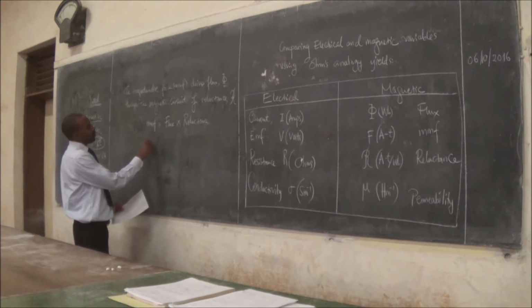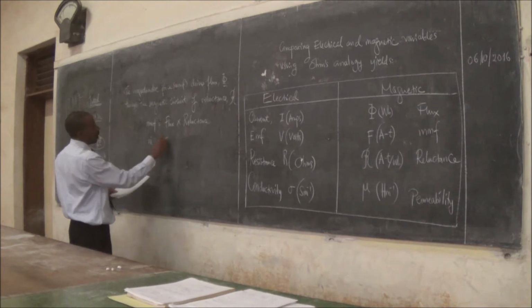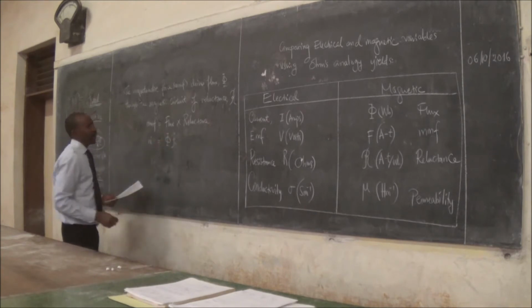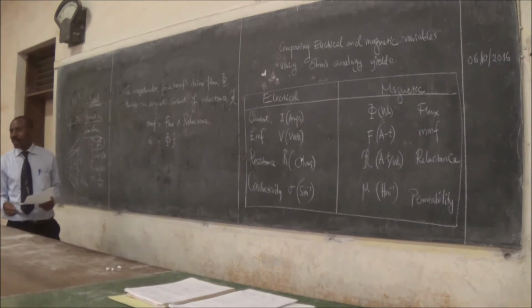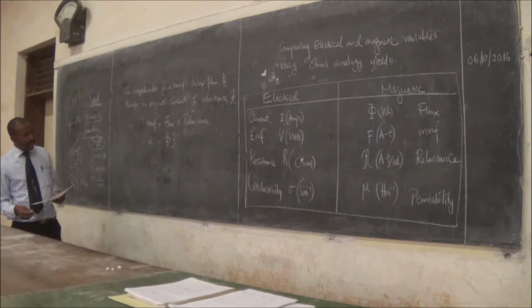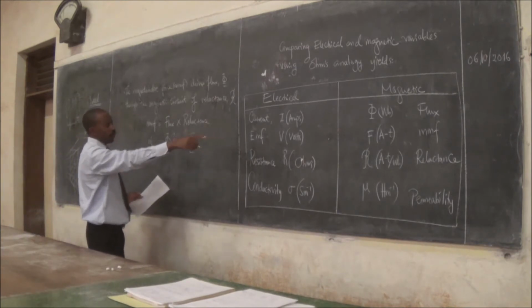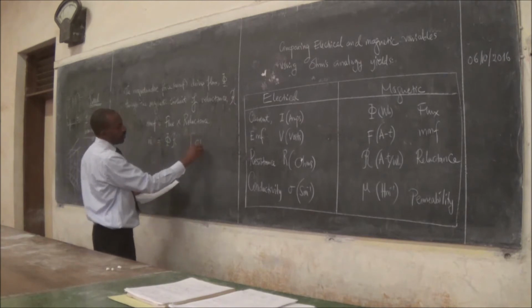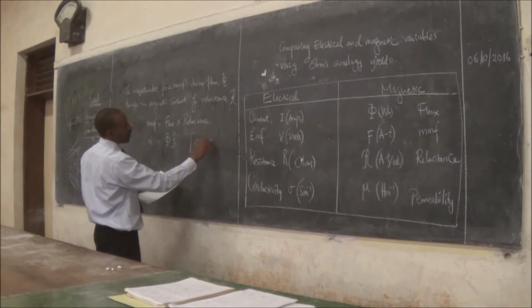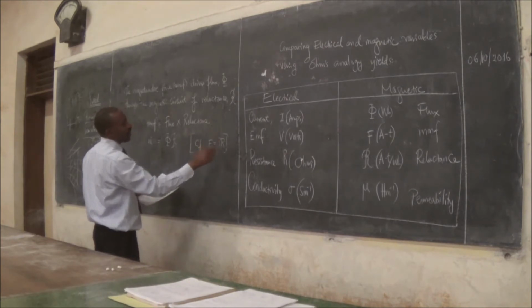So the number of turns and the current would be the same as the flux times the reluctance. So from now I no longer say script R, I will say the reluctance. And if we were to compare with our electrical part, this would be the way of saying that E is equal to I times the resistance R.